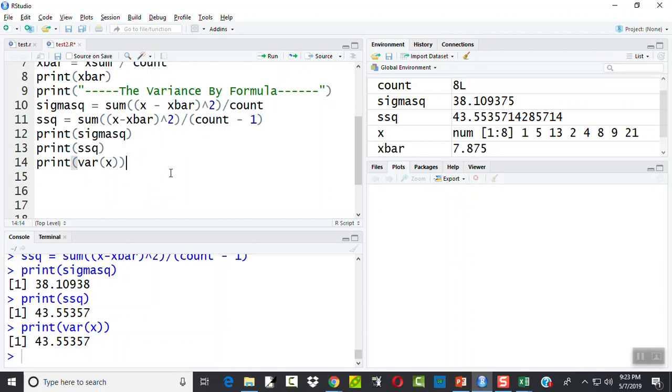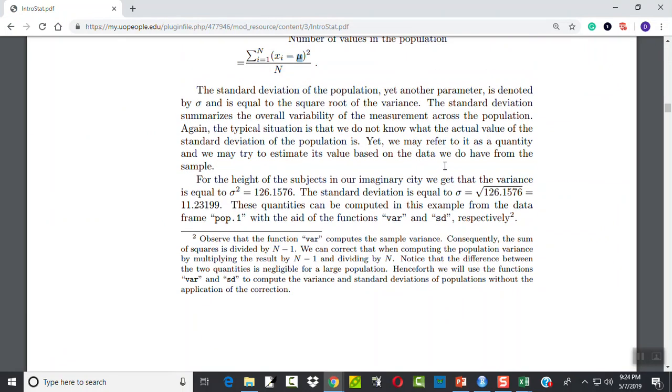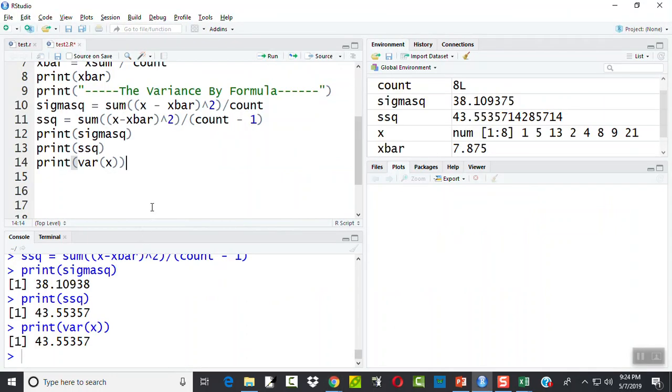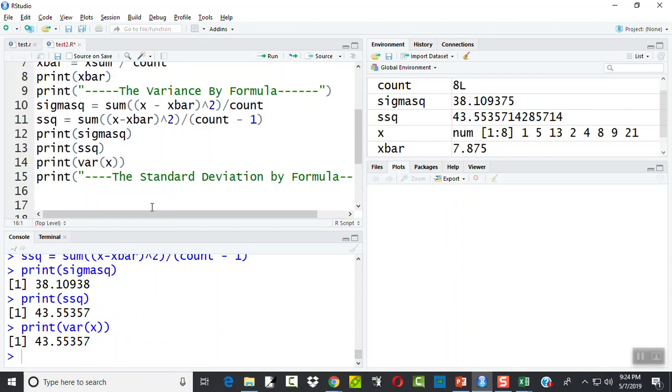Now, although I don't think they have it here, I guess they allude to it right here. The standard deviation is just the square root of that value we just found. So the standard deviation by formula is pretty much the same formula as you see up here, so I could copy this.